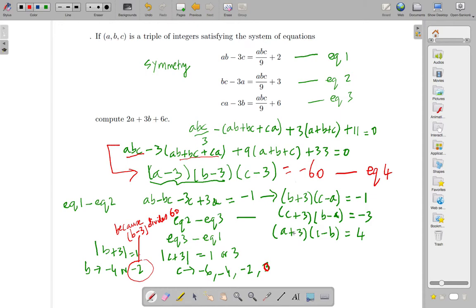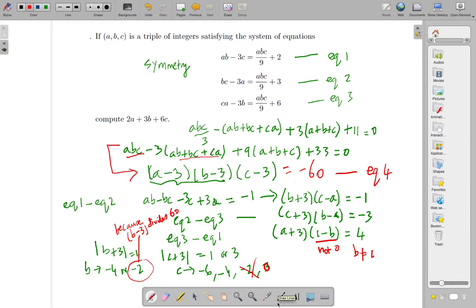C could be negative 2 or 0. But B cannot be equal to C, because B minus C cannot be 0. If you look at this here, B minus C is not 0. So B cannot be equal to C. So C cannot be negative 2.